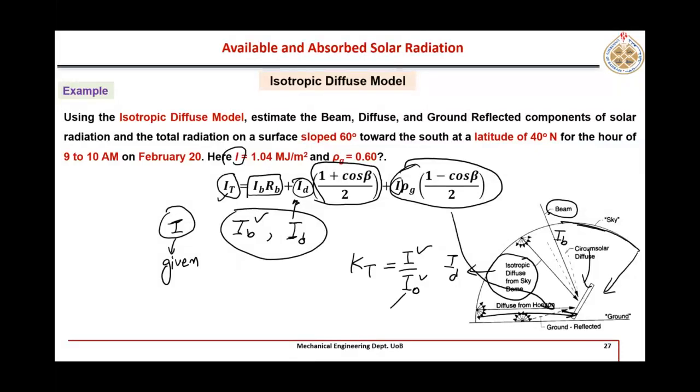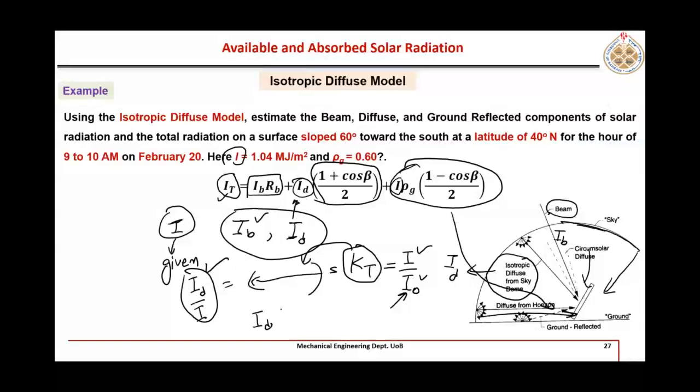So first we need to find out I naught. I is given, so that will give us KT. Then we have a separate equation of KT that will give us how much of this is diffuse based on KT. We can use this KT in this equation, which we saw. This will give us ID. Okay. So once we know ID, we can find out IB, the beam part. Right. Beam part is I minus ID.